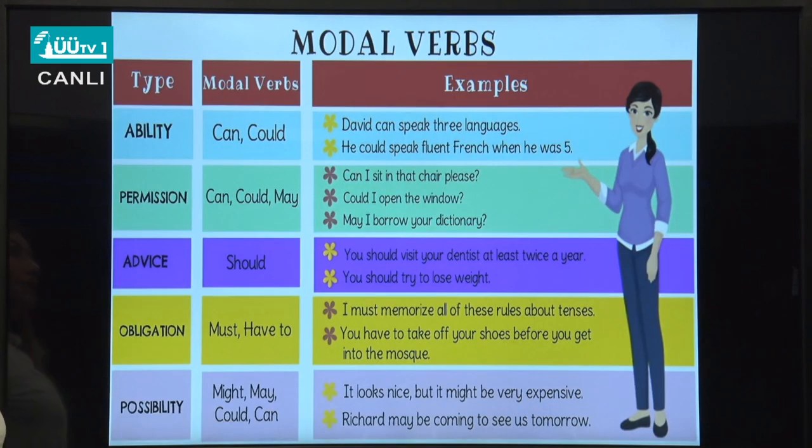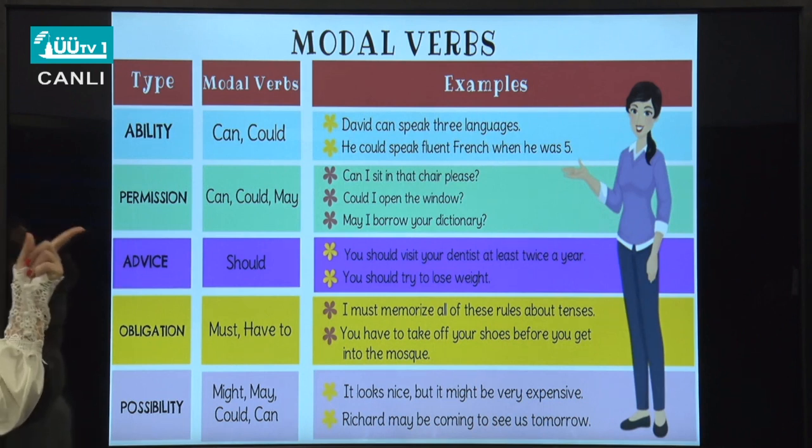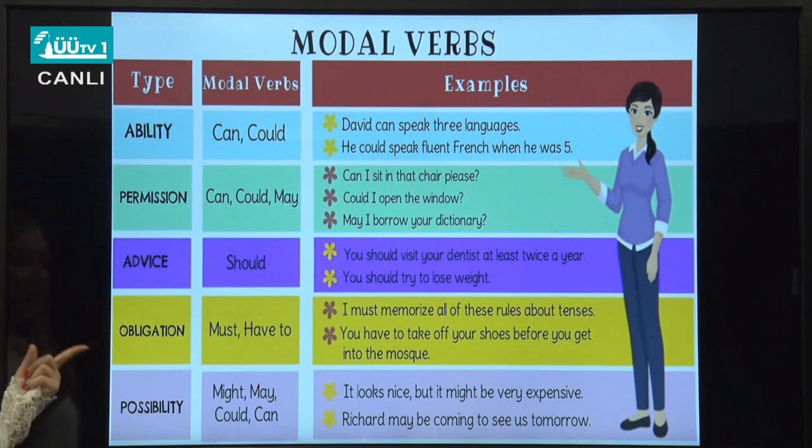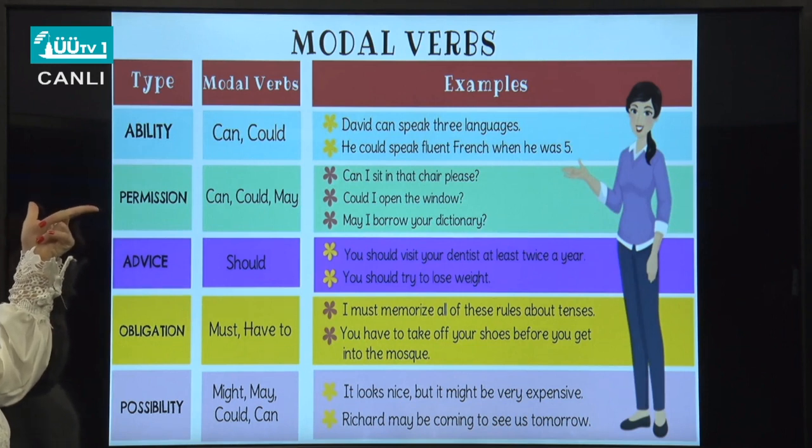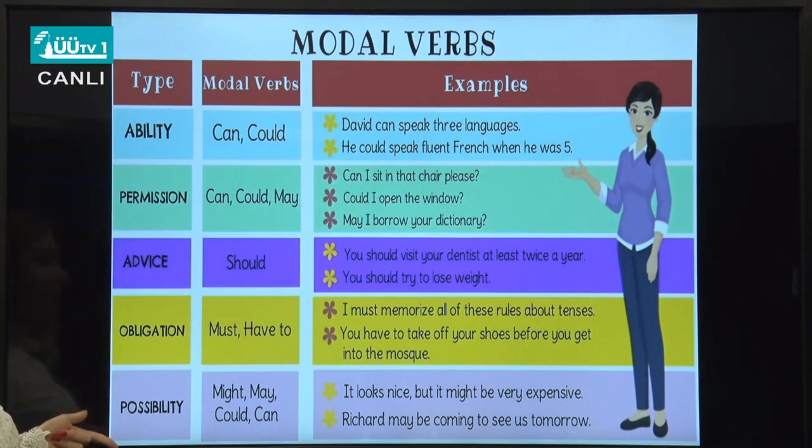So as you see, we have different types of modal verbs. We can talk about ability, permission, advice, obligation, possibility. We have had them before, like 3 weeks ago. We had the same topic and I discussed permission and possibility.